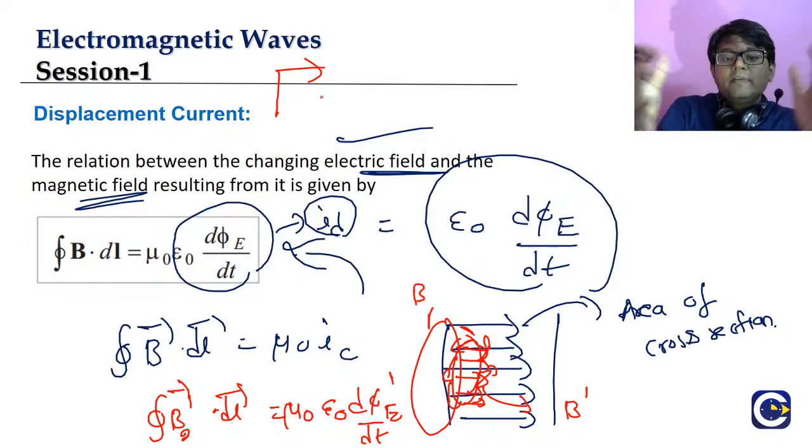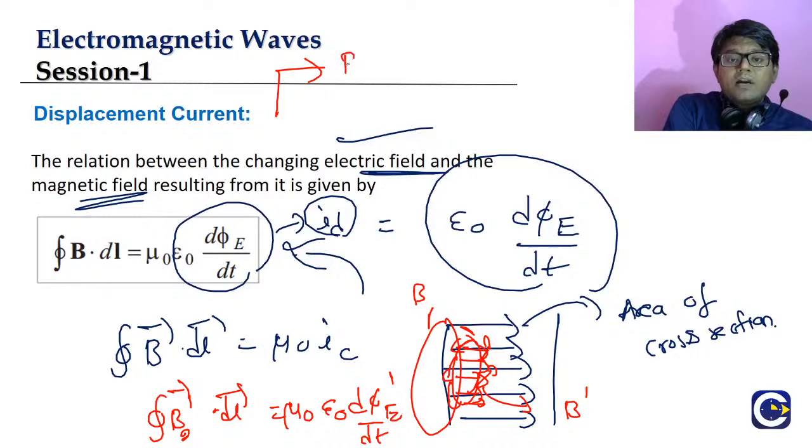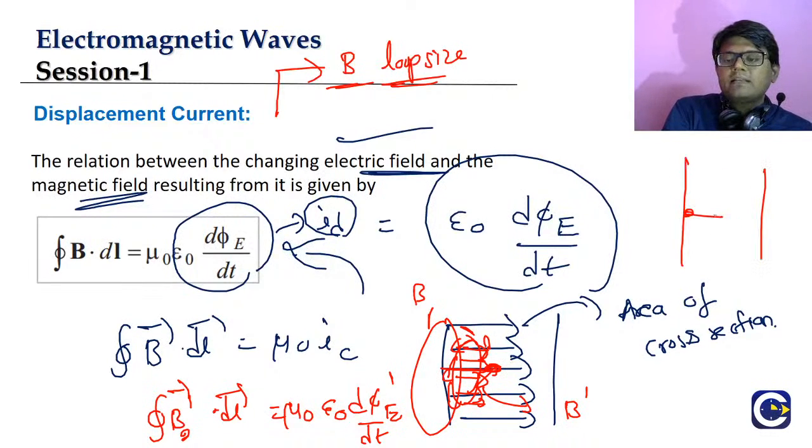In the region between the two capacitor plates, it's not like the magnetic field is constant everywhere. The magnetic field will depend upon the loop size. We can tell it in terms of the distance from the center line.